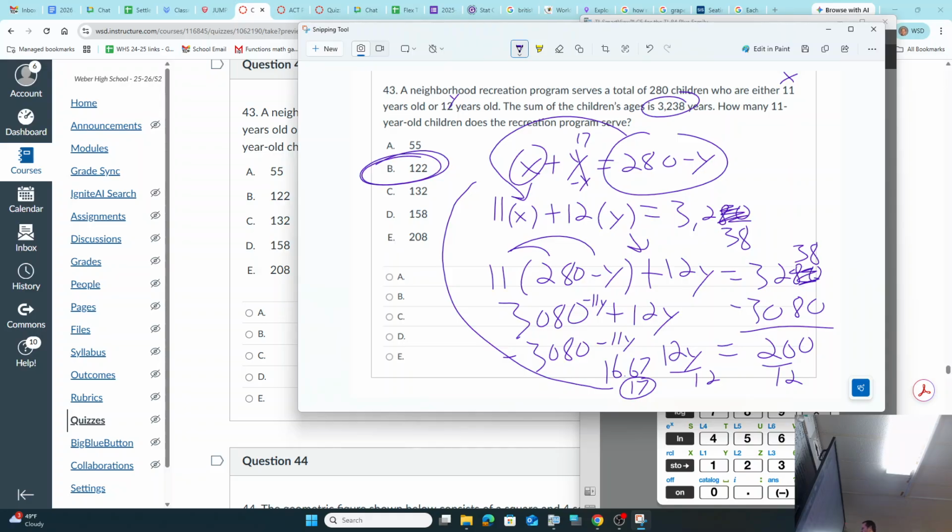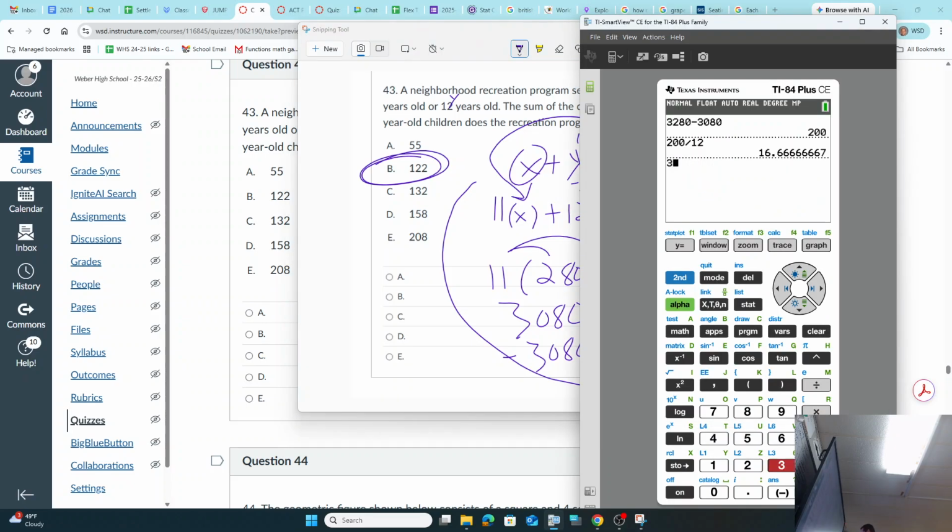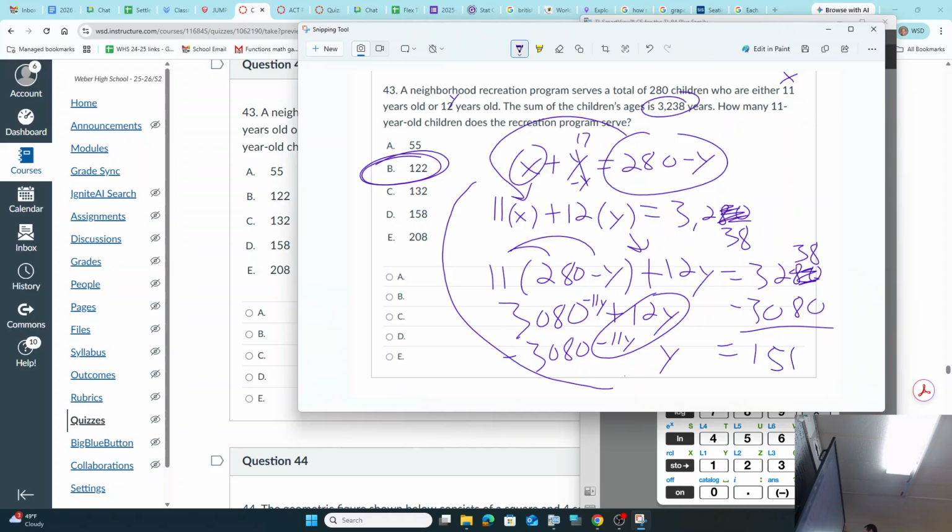And so 12y minus 11y is just 1y. So that's just going to be 1y. There we go. So then we go ahead and do 3238. So 3238 minus 3080 is 158. And so that's going to be our answer there, 158.